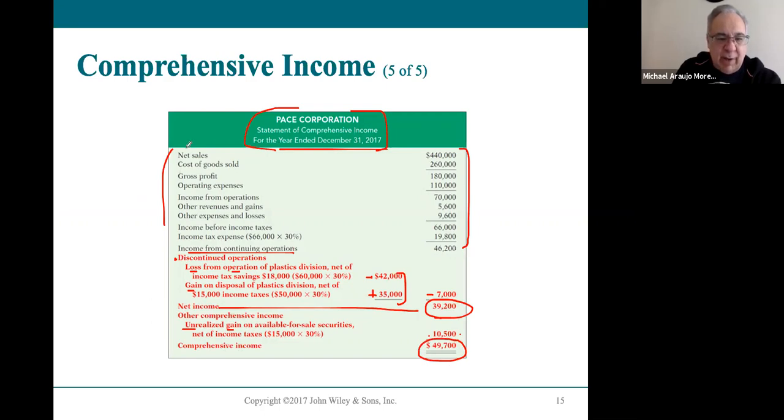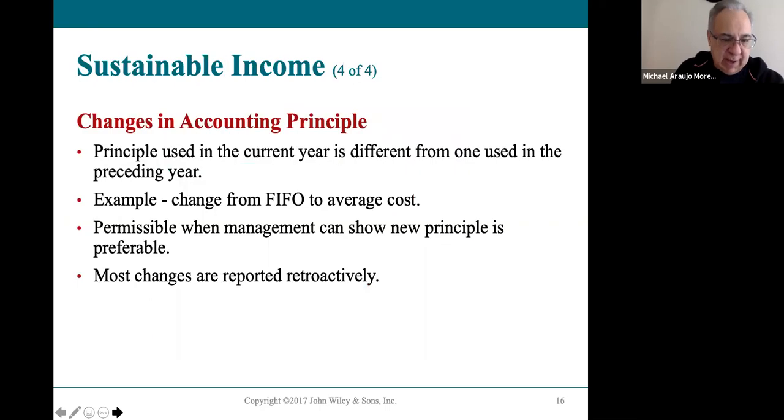So here we're talking about the difference between what's sustainable, because that's what's continuing over the long run for the company, and these additional items that we consider unusual. So you have to sort of know the difference between that.